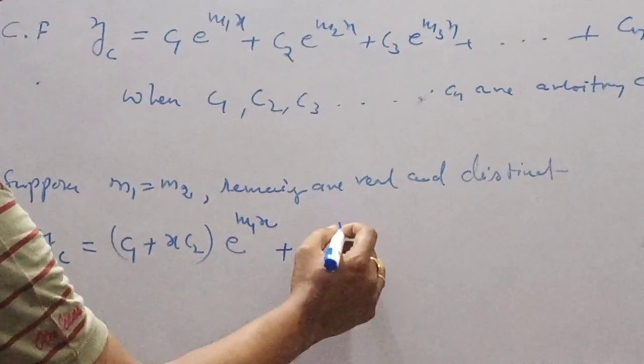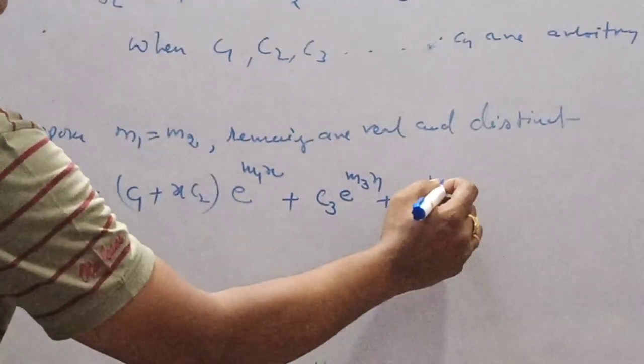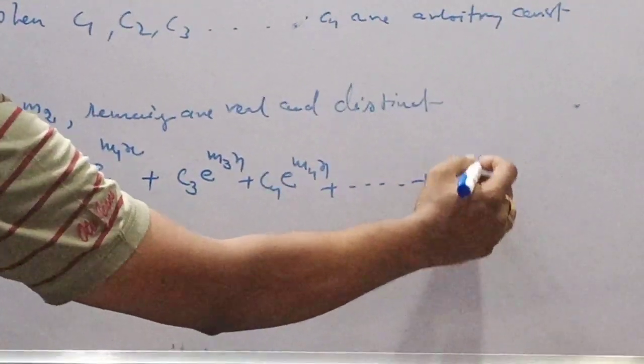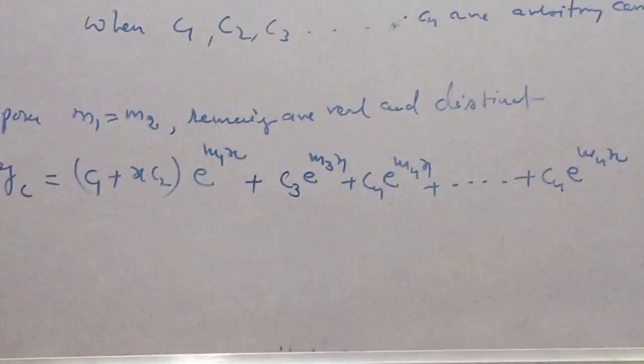c3 e to the power of m3x, c4 e to the power of m4x, and so on, plus cn e to the power of mnx. Just take one note.